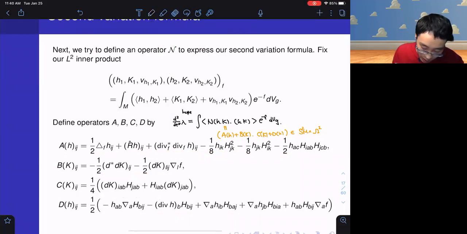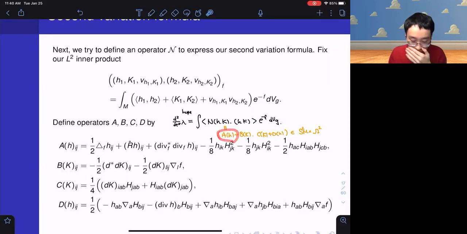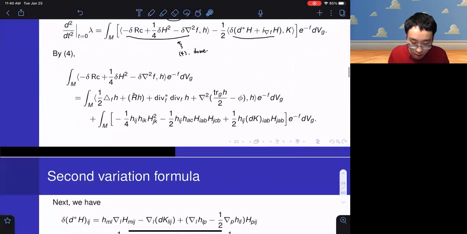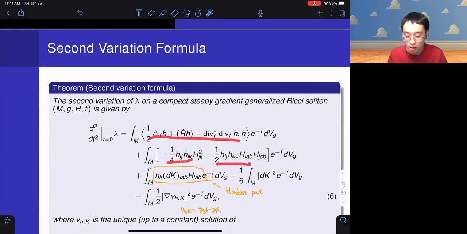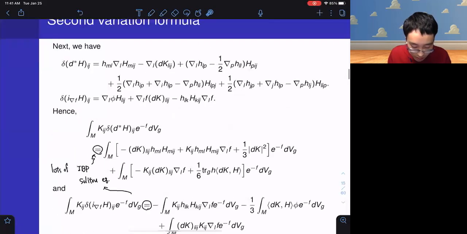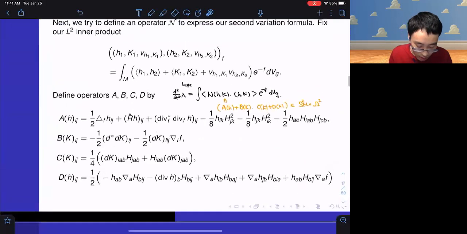To find A is simple because A is the term that only depends on the symmetric 2 tensor part. So we can define the operator to be here. This is our AH. And similarly for the DK part, we use integration by parts to figure it out. Sorry, this is wrong notation. This is B and this is C.